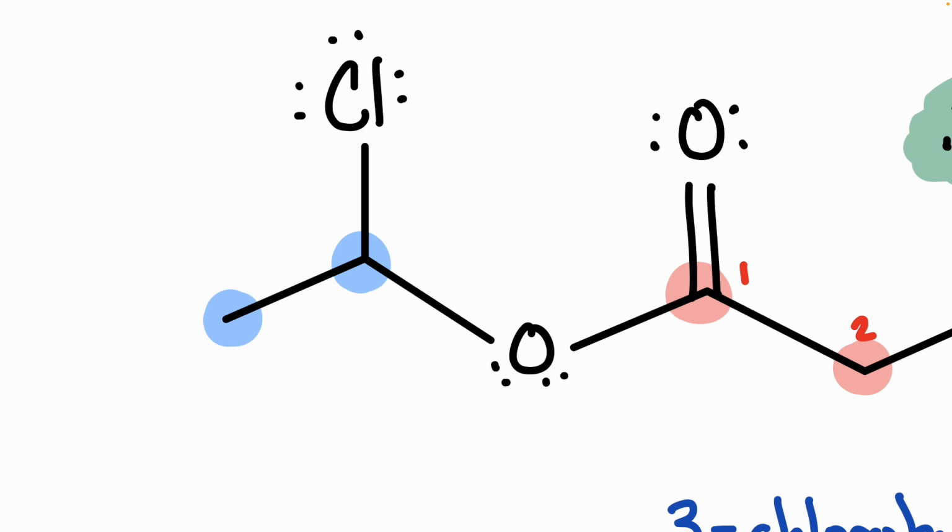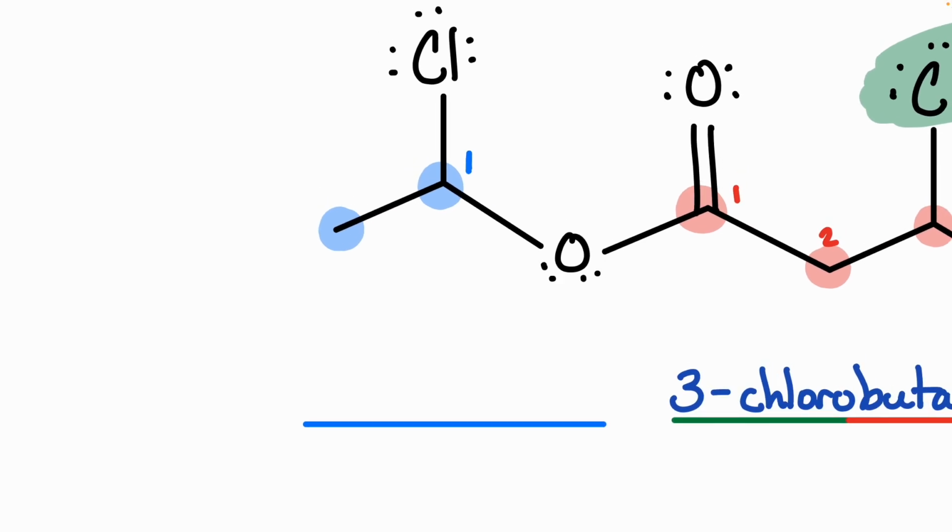On the left or the right? What do we guess? What should be carbon 1 in this substituent? We always start labeling away from the parent chain, right? We saw this when we had our branched alkyl groups as well. The carbon that's attached to the parent chain is carbon 1 in that branched group. Same thing here. So this ester substituent would be 1-chloroethyl.